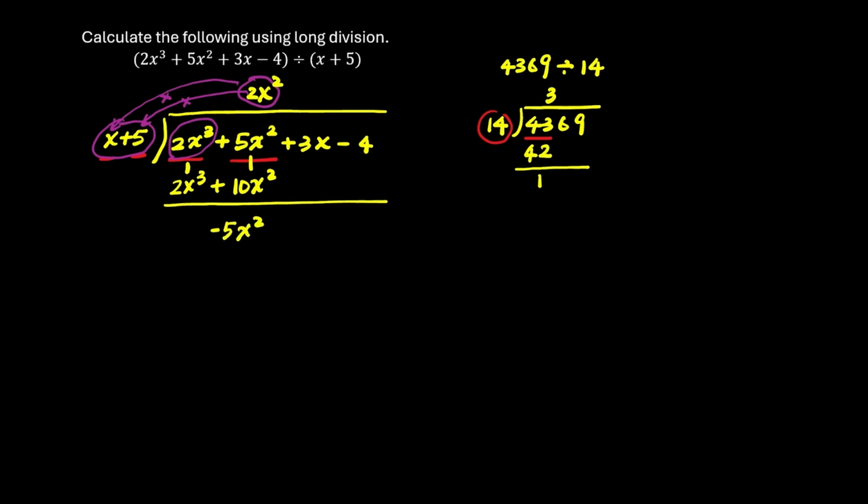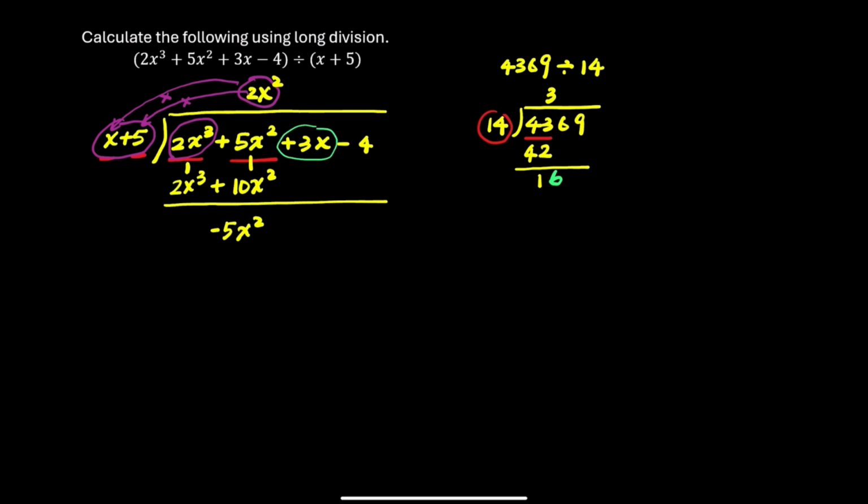All right, back to our numbers. After getting a remainder of 1, the next step is to bring down the next digit from the dividend, which is 6. So we write 6 next to 1, giving us 16. Now we do exactly the same thing with our polynomials. We bring down the next term from the dividend, which is this plus 3x.